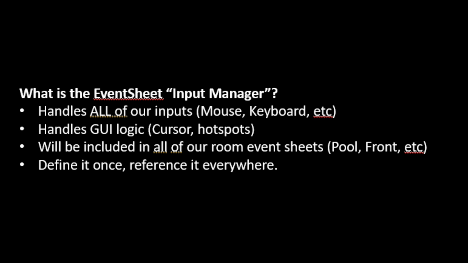That way we declare it in one spot and then we can reference it all across our project. So when it comes to the creation of our cursor object and getting it to work properly, we're going to put all of that information in the input manager, and then we're going to reference this input manager in the front of the house layout, the pool layout, and so on and so forth.